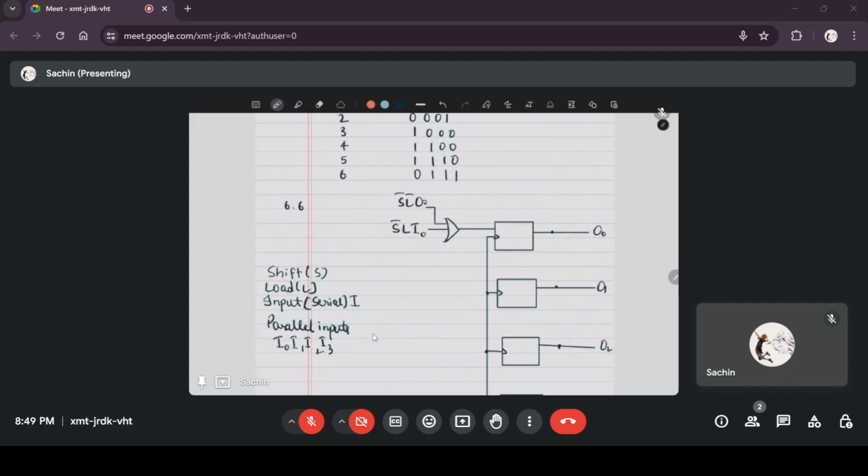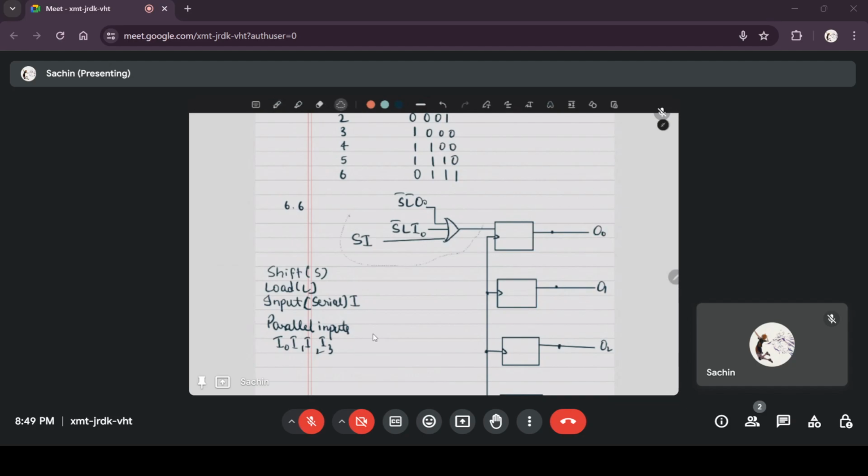So for the first flip flop I'll give S bar L I0, and if shift is 1, I have to shift the serial input Si to the output of the first flip flop.